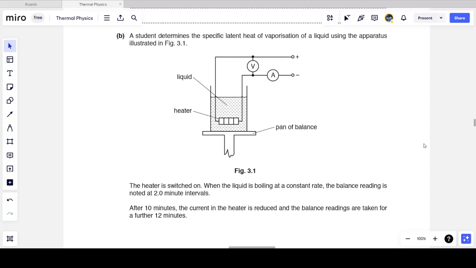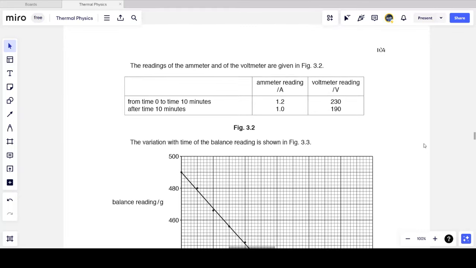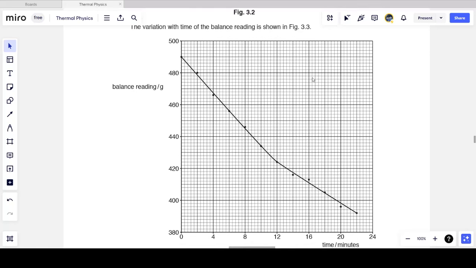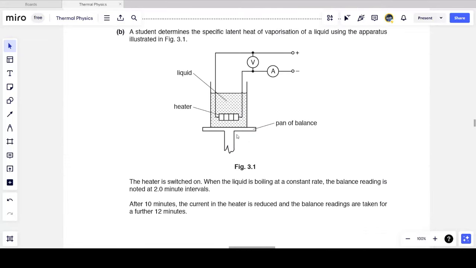So obviously we're going to get a graph here. For the first 10 minutes, these are the ammeter and voltmeter readings. After 10 minutes, we change the ammeter and voltmeter readings. And so what we get is the balance reading in grams against time in minutes. Now the balance reading is going to decrease as we heat the water and some of it boils away.